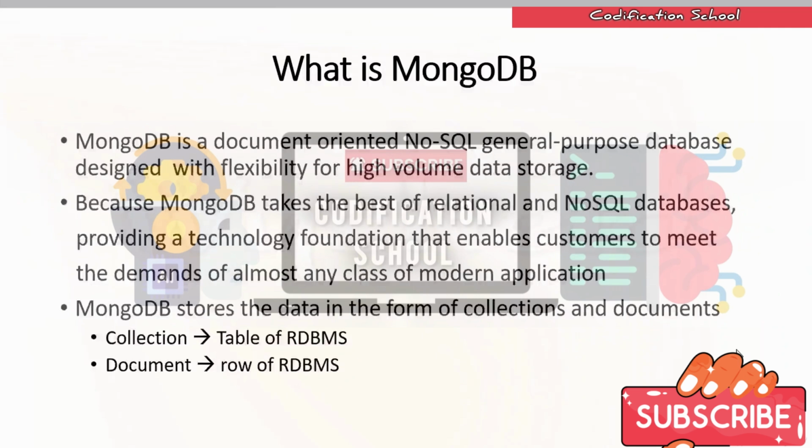In simple words, MongoDB is a document-oriented NoSQL general-purpose database which is designed with flexibility in mind and for high-volume data storage. This particular line gives us a lot of information about MongoDB. First, it is a NoSQL general-purpose database, which means this database can be used for multiple purposes.